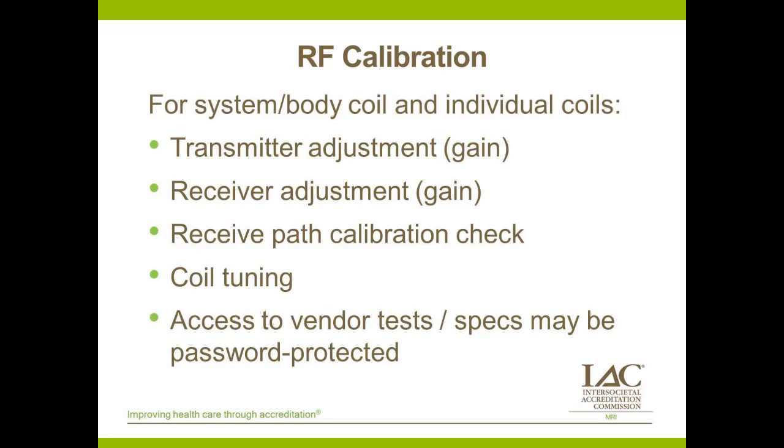When you get into vendors' tools, very often there will be tools on the system that have automated tests. They'll have specifications built in that print out information after the test. There might be a password in front of that, so you may not be able to access those tools unless you are a service engineer or you have one with you. But that's something they should be doing as part of those PMs.